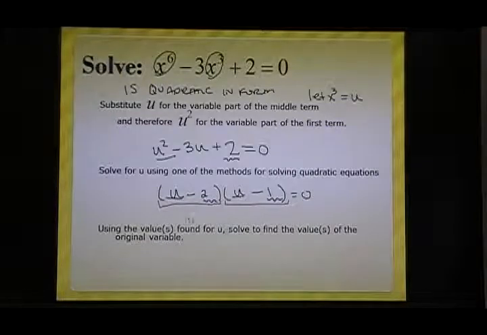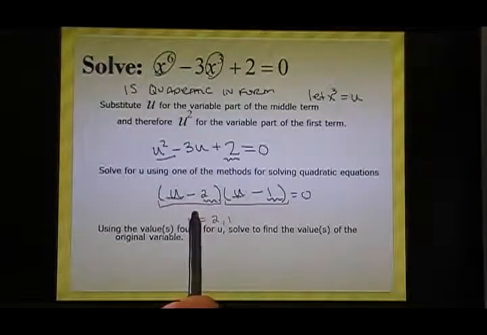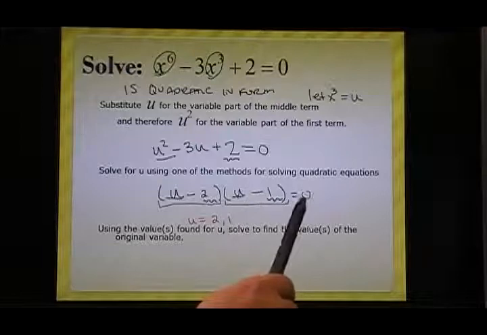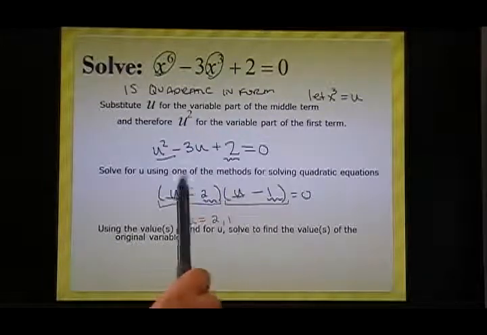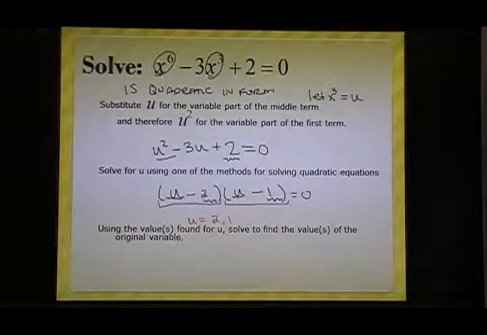So the solutions are 2 and 1. Because if u is 2, this is 0, and 0 times anything is 0. If u is 1, then this is 0, and anything times 0 is 0. So based on this, we found the solutions for u.